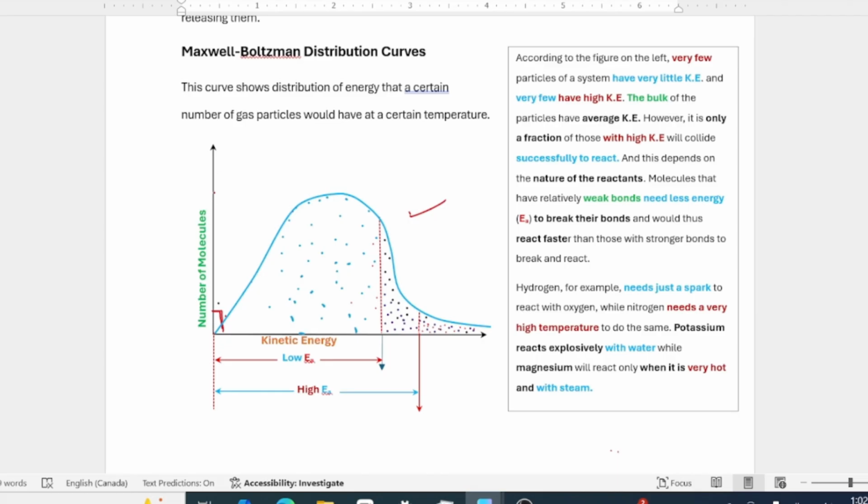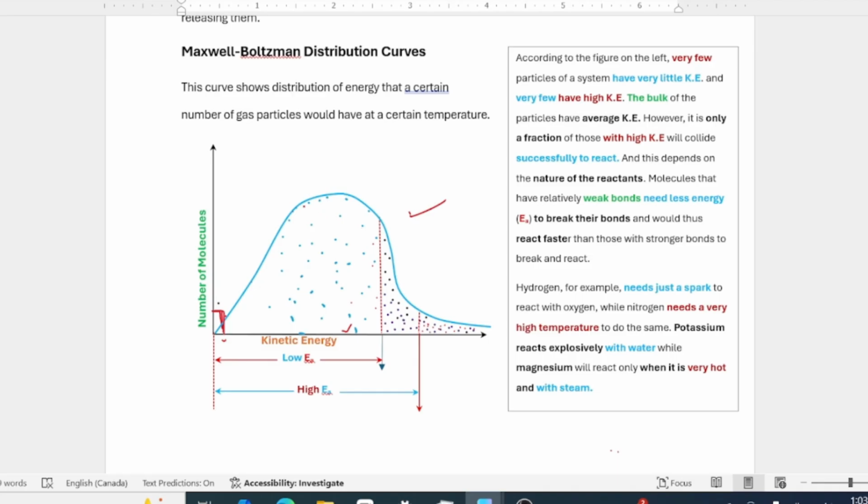This axis here represents the number of molecules in any reactant system, and this axis here represents the kinetic energy that is possessed by the molecules. Analysis of this curve shows that very few molecules will have a small amount of kinetic energy, and very few of them will have a large amount of kinetic energy.